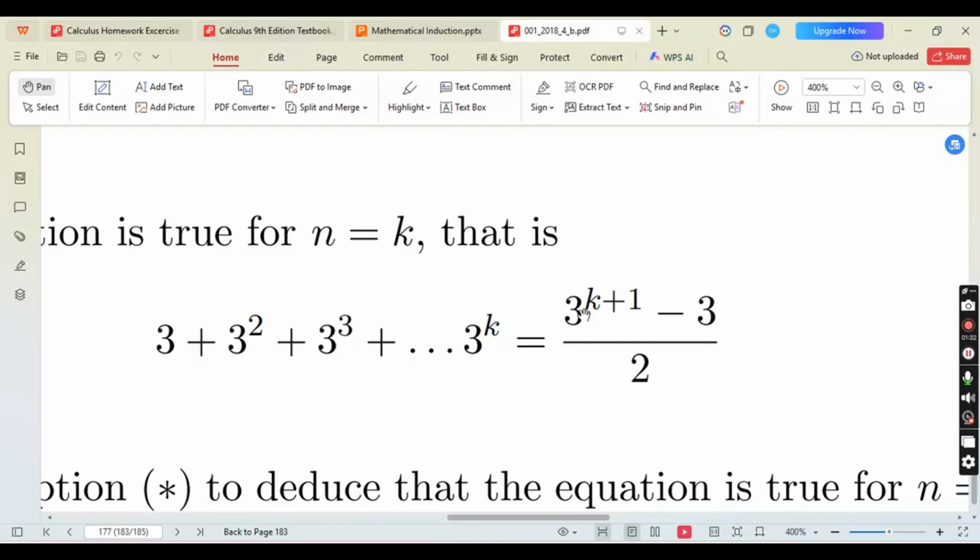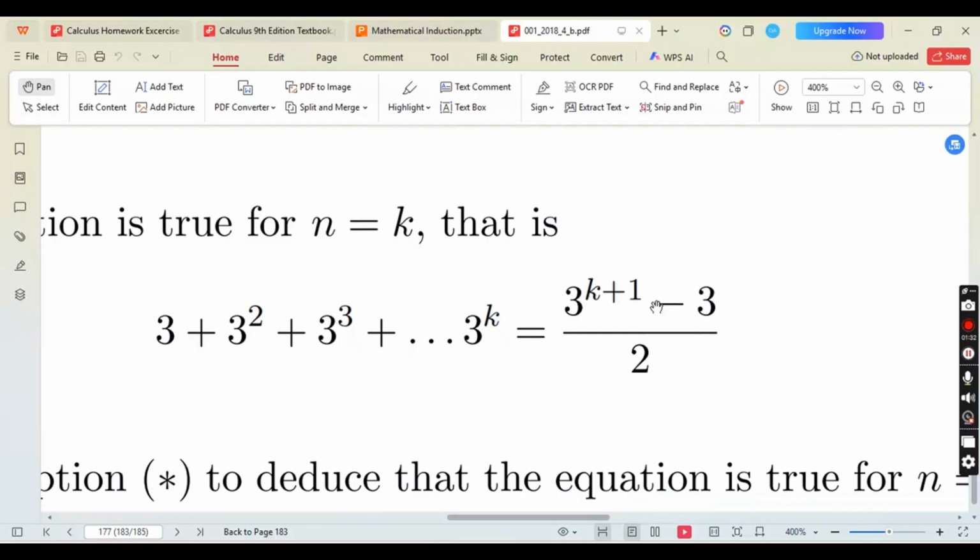So actually it's not 3k plus 1, it's actually k plus 1.